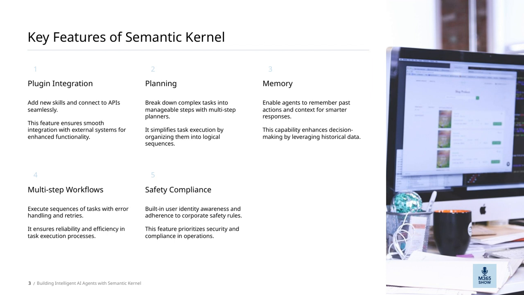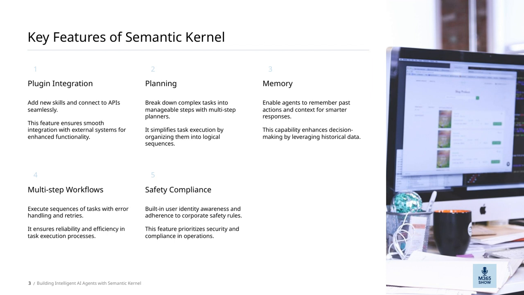Memory is another vital aspect. With this, agents can remember past actions and context, enabling them to respond more intelligently and make better decisions based on historical data. This makes interactions more natural and effective. Then there's planning. Complex tasks can be broken down into manageable steps, organized logically, so the agent can handle even intricate projects smoothly. This simplifies execution and improves overall performance.